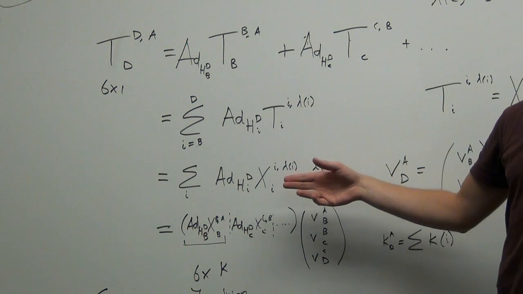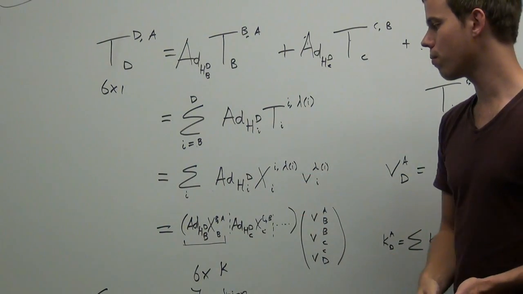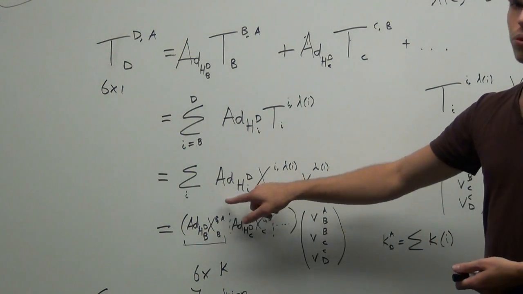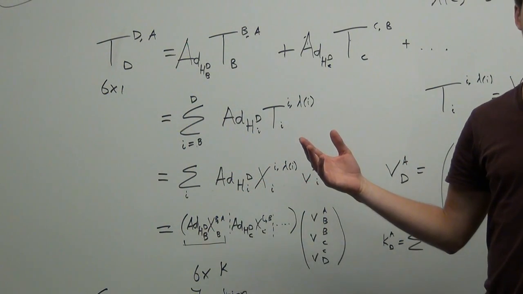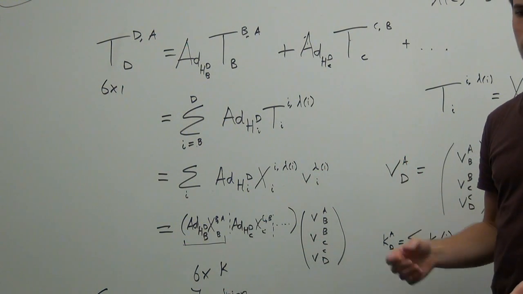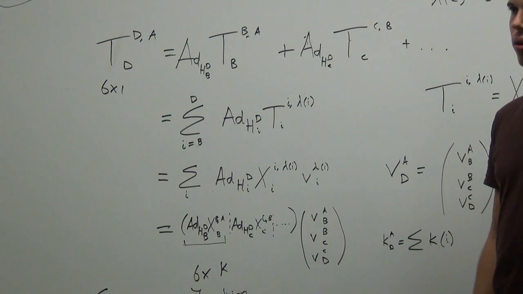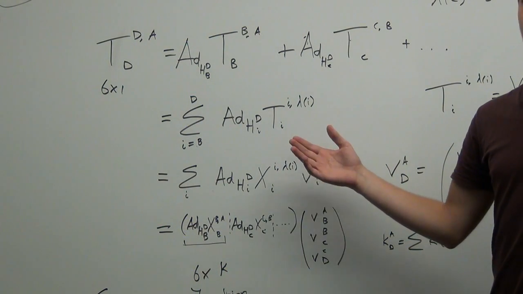The motion subspace in body frame is usually constant, and these transforms you already calculate when doing your kinematics. If you just want to know where your finger is with respect to your foot, you already need that. So that's sort of for free.